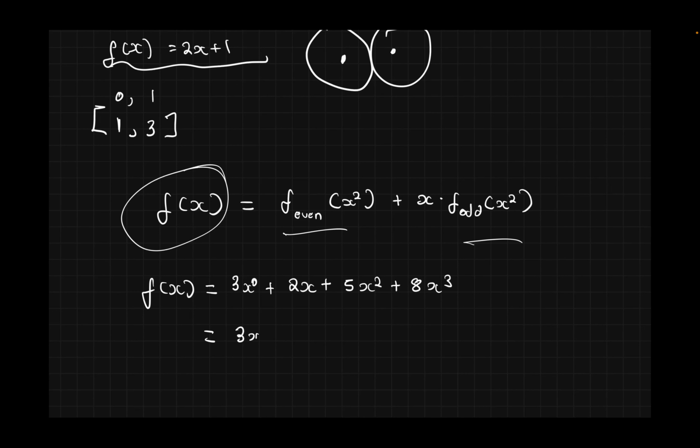So we now have 3x raised to the power of 0 plus 5x raised to the power of 2. This is the even part, when the power mod 2 is equal to 0. But when the power mod 2 equals 1, we go to the other side. In this case, that's this one and this one, so 2x plus 8x cubed. Why do you not put this in there? That's what we want. Yeah, I'm coming to that.